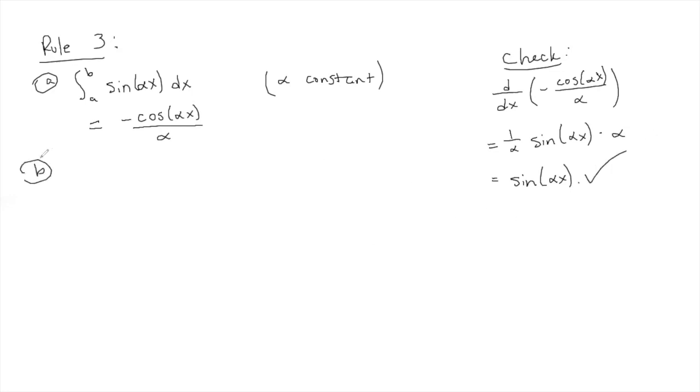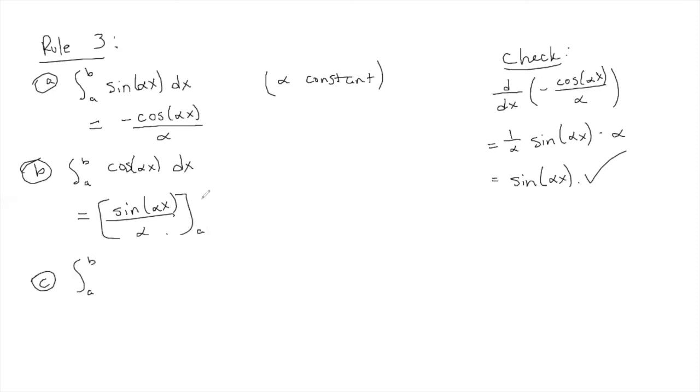Okay, similarly, I do exactly the same thing for this, and I just get sine of alpha x over alpha. So these are my next 2 rules, and these are the ones that deal with trig functions. And I guess we could also do another one that sort of comes along. Oh, I'm sorry, these should be evaluated on these intervals.